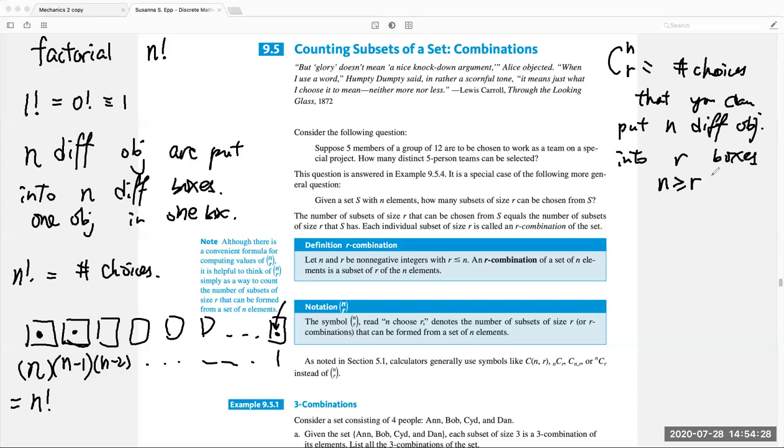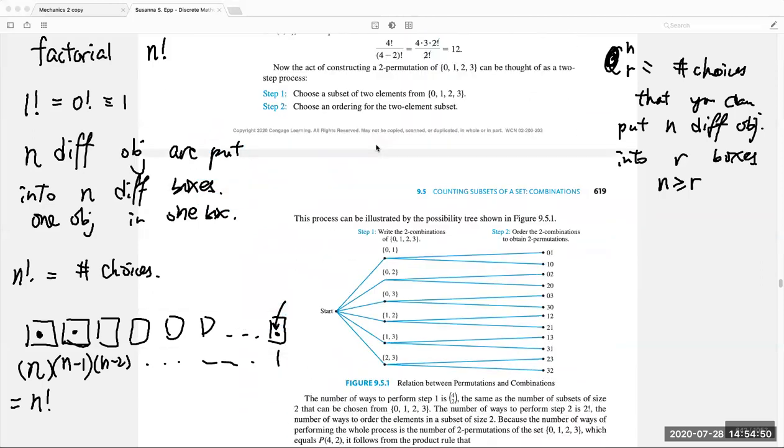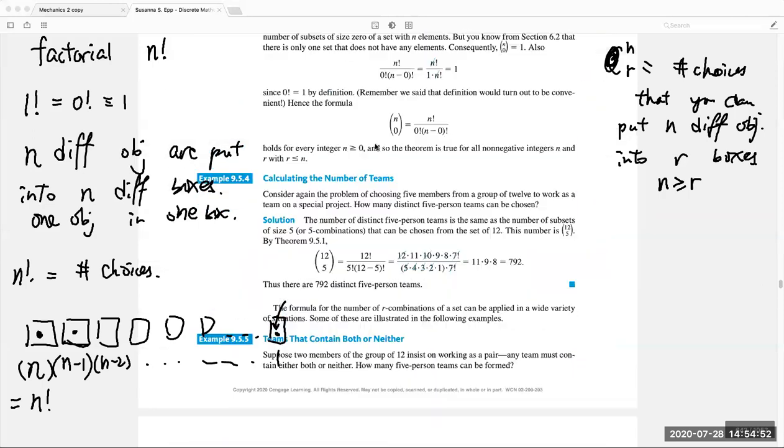Eh? No, this is nPr, it's not nCr. Sorry, let me change it. It's easier for me to talk about nPr first.